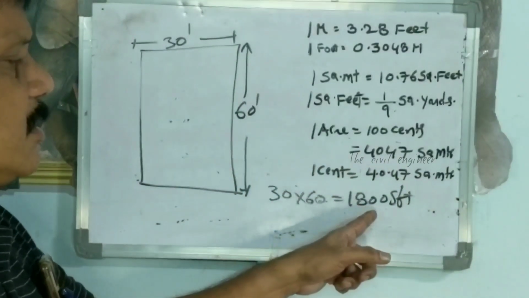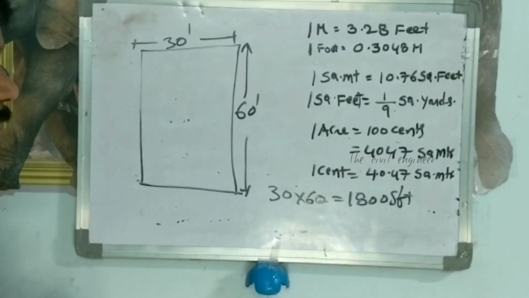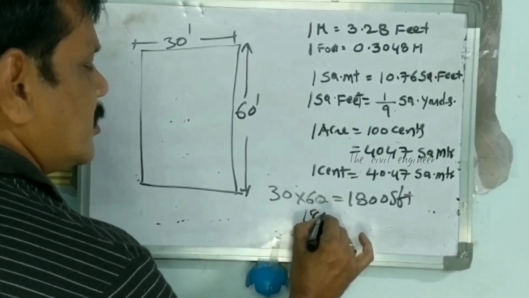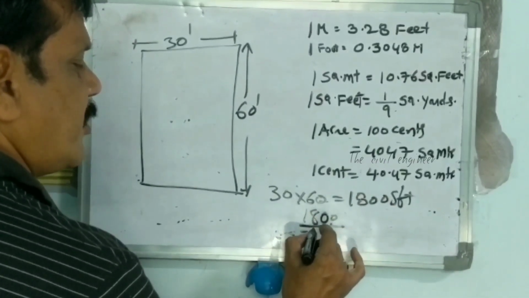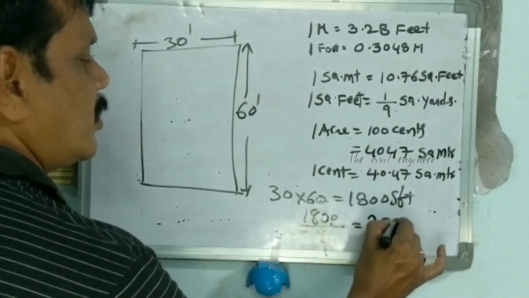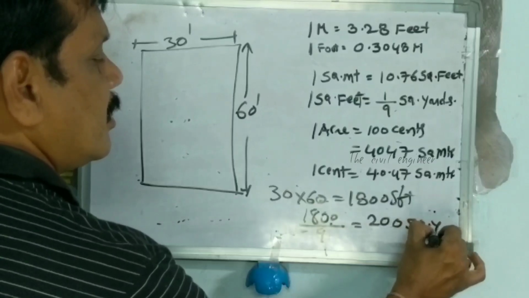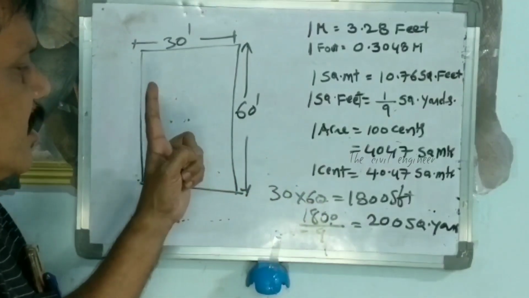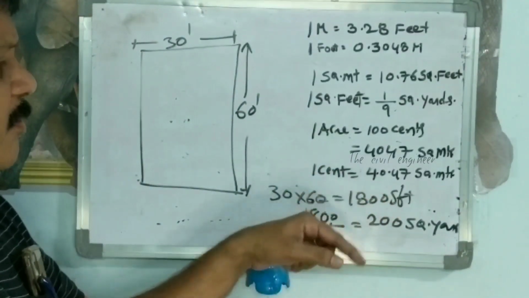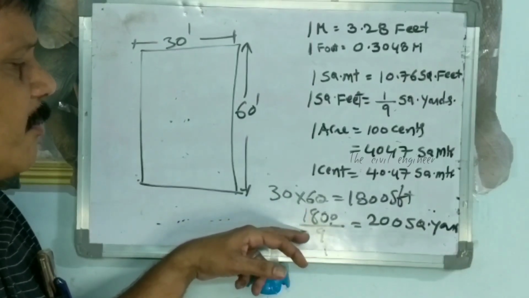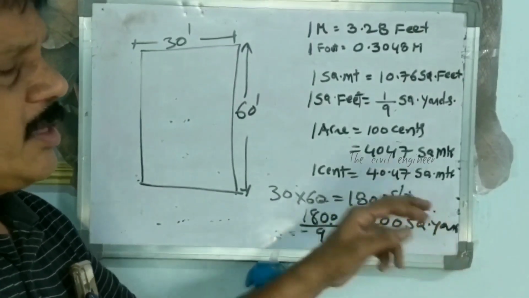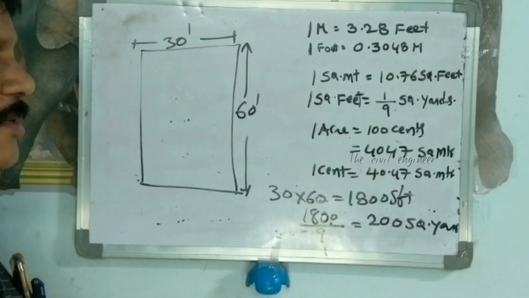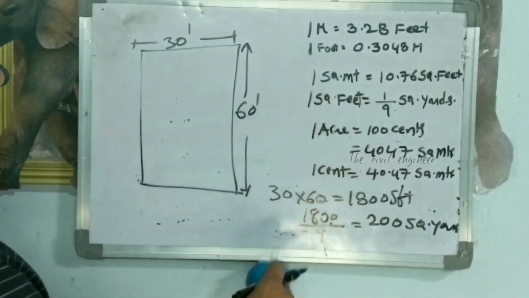If it is needed in square yards, simply divide this SFT value by 9, that is equal to 200 square yards, because 1 SFT is equal to 1 by 9 square yards. So when you get the area in SFT, by dividing that value by 9, you can change the value into square yards. If it is needed in square meters, then 1 square meter.